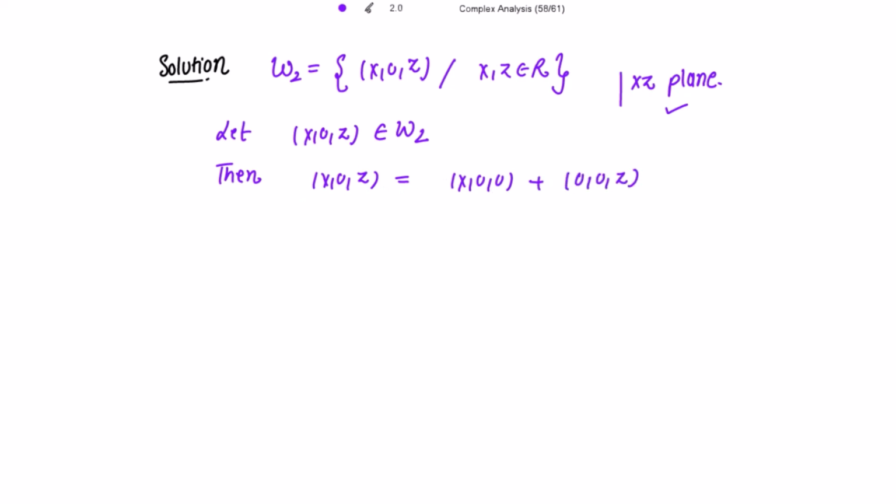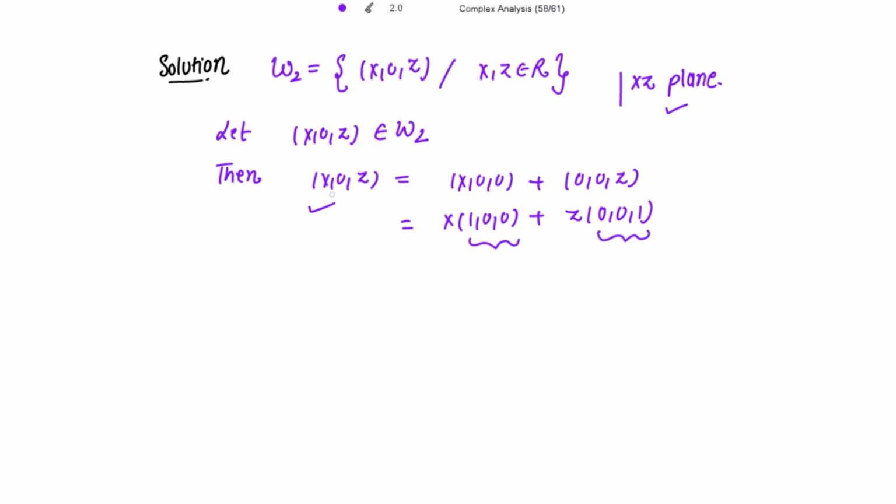When you add these two, you will get (x, 0, z), right? Which further can be written as x times (1, 0, 0) plus z times (0, 0, 1). So the element belonging to the subspace W2 is a linear combination of (1, 0, 0) and (0, 0, 1), right?